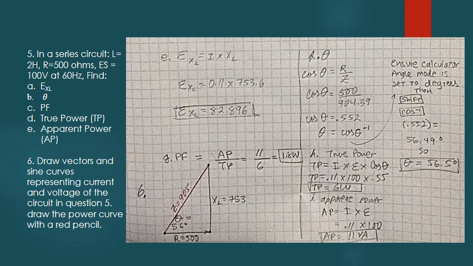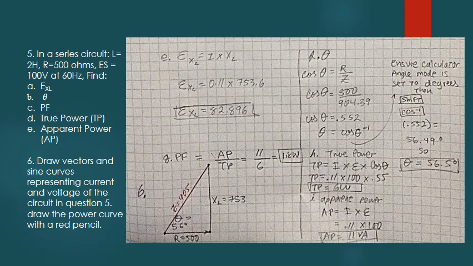We put cosine theta equals resistance divided by impedance, and using that equation we can find our phase angle. So cosine theta equals, in this case, 500 divided by 904.39, which equals 0.522.